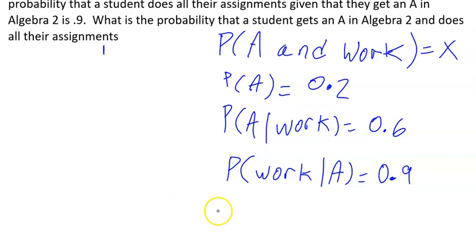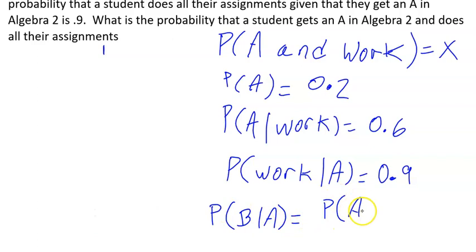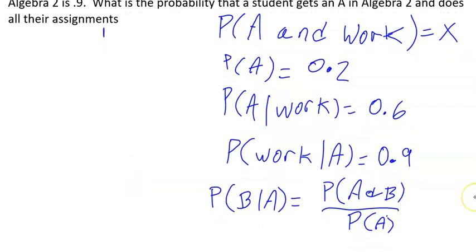So we're going to remember the conditional probability. What is the probability that B happens given that A has already happened? Well, that's going to be the probability of A and B over the probability of A, because A has already happened. All right, so when we look at this, you can see the A and B is what I am looking for.